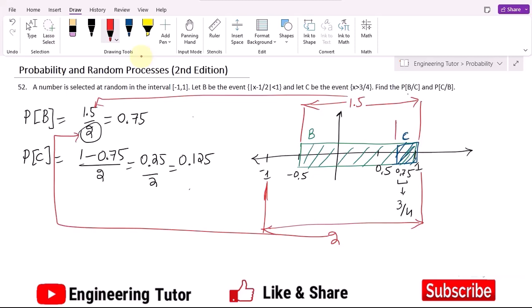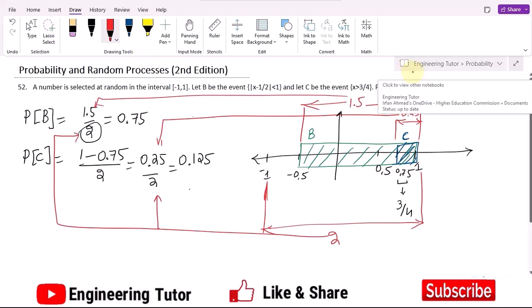Similarly, here this was the event C and the distance here was 0.25, so again we divide it over this 2 as well. I have also explained it in my previous lecture, and the link of that lecture is already available in the description box. So you can look at those explanations as well.